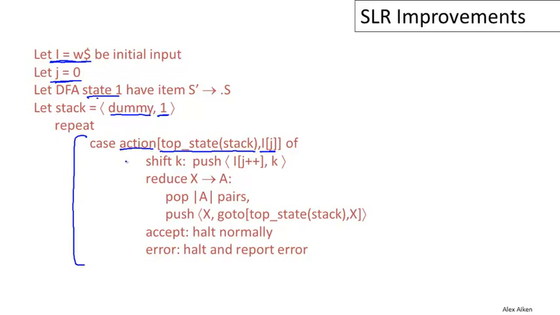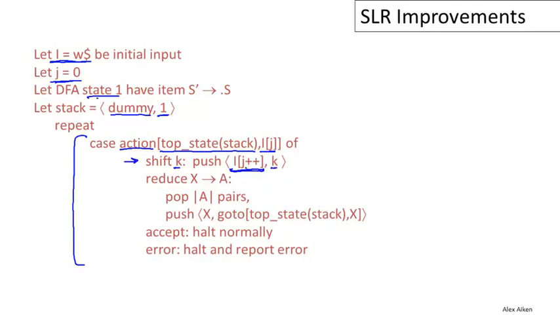So let's just go through the moves in order. Let's consider the shift move first. If it says that we're supposed to shift and go into state K, then we're going to shift the input. That means we're going to take the current input symbol and push that onto the stack together with state K of the automaton.